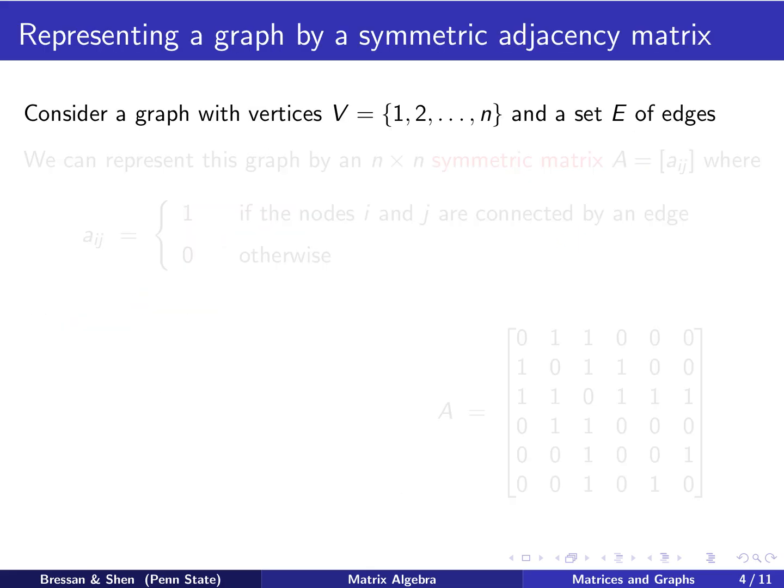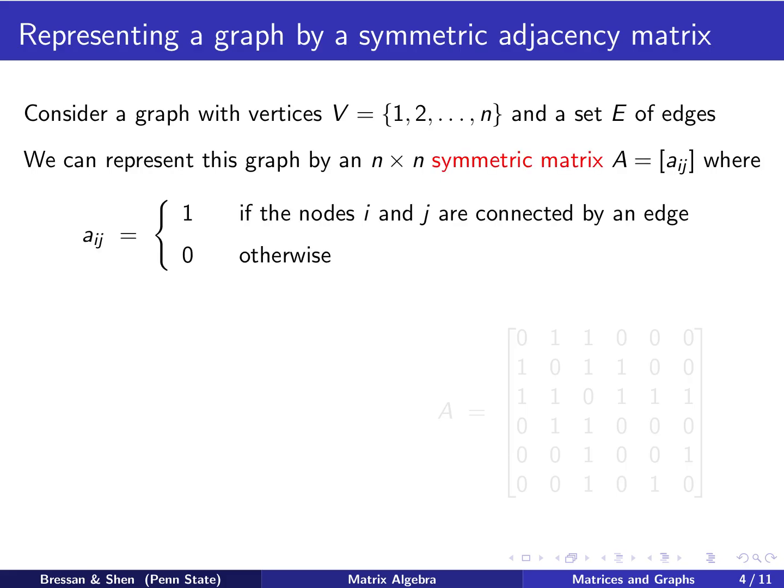So, of course, we will be seeking a different way of representing a graph, namely a representation of a graph using matrices. This will be a symmetric matrix, the so-called adjacency matrix. So let's explain. Let's say we have a graph with vertices V, numbered 1, 2, 3 to n, so there are n vertices here, and I have a set E of edges.